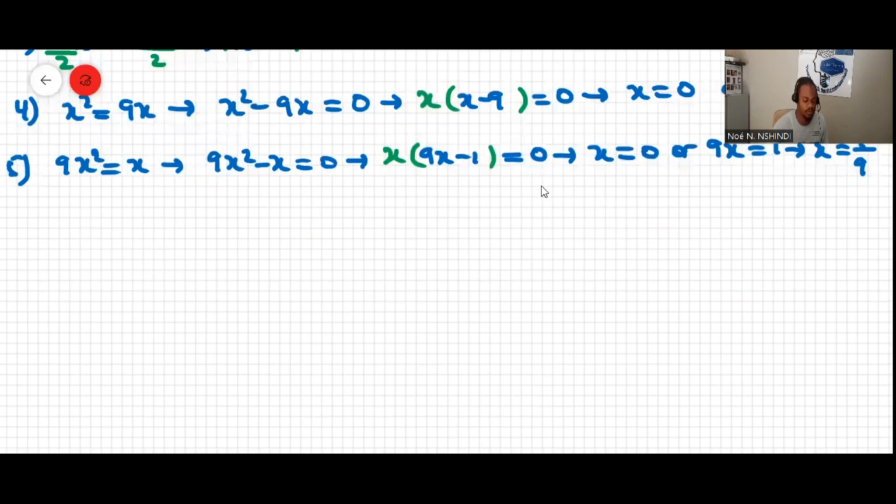We can also do question 6, which is 2x squared equal to 5x. Over here, we can move 5x over. That makes 2x squared minus 5x equals 0. Then we can take x as common factor.